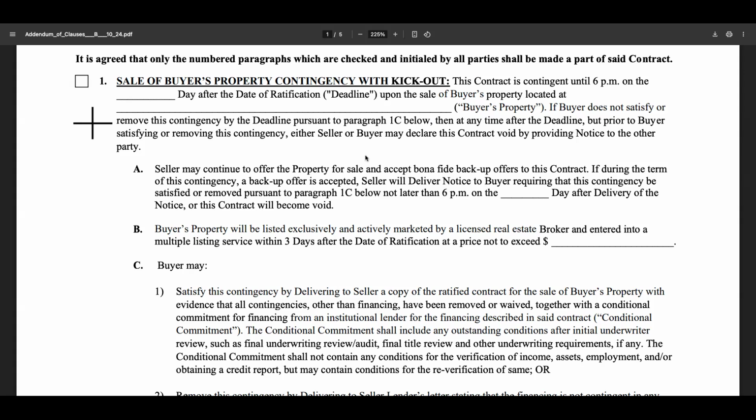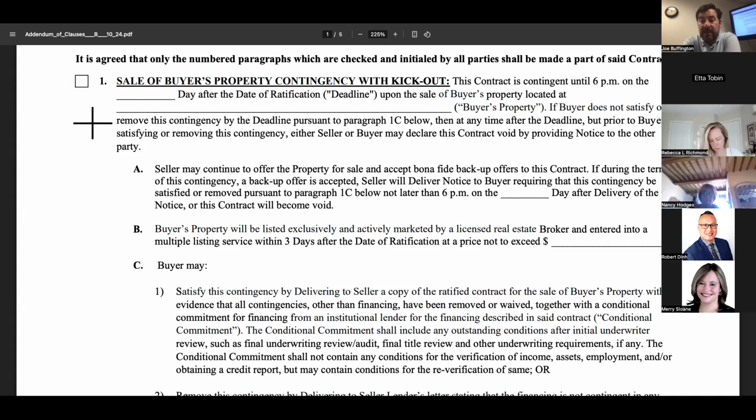You can present, because in a sense, what you need to do is convince the listing agent that there is very little risk in taking their home off the market for you to market this property and get it under contract. So property located at, you tell the seller what property we're looking at selling.